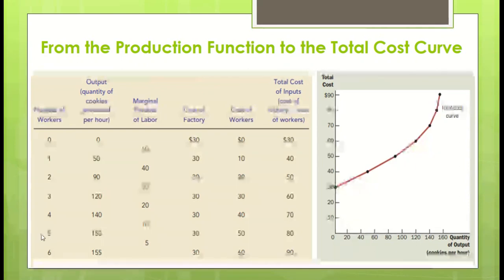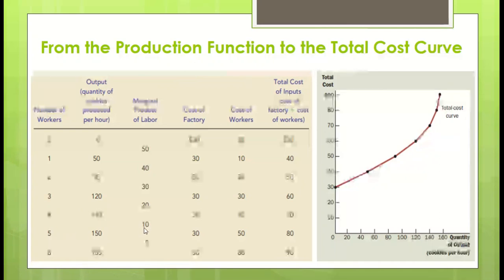Again coming to the next level, the number of workers here is 5. By hiring 5 laborers, the output produced here is 150 units, and here the marginal product of labor is 10, which is again calculated by the formula, change in Q divided by change in L. So here change in Q is 150 minus 140, divided by change in L, that is 5 minus 4, and the answer is 10.